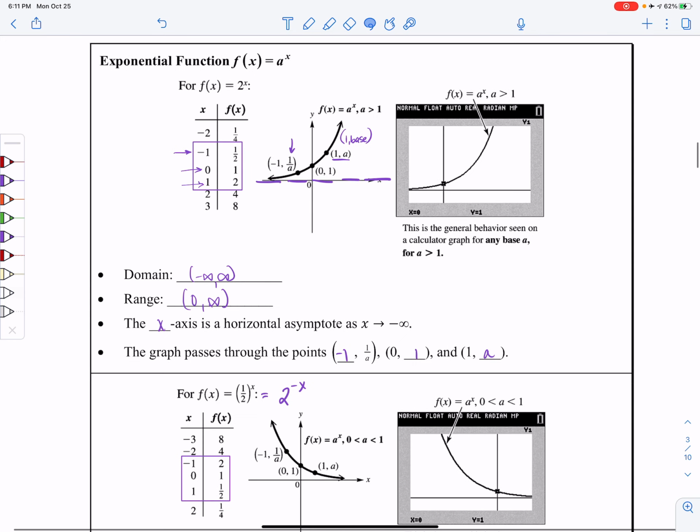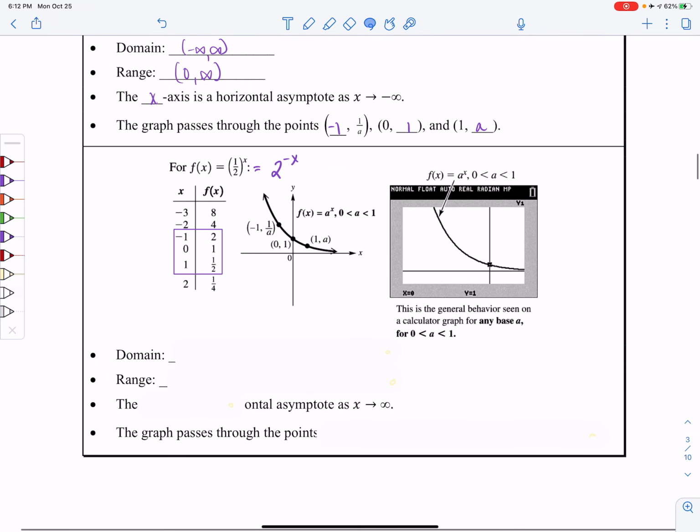And so the minute we take a look at, hey, here's our original parent, and here is this new guy, this transformation, my negative is on the variable, so it makes sense that I'm just reflecting over the y-axis.